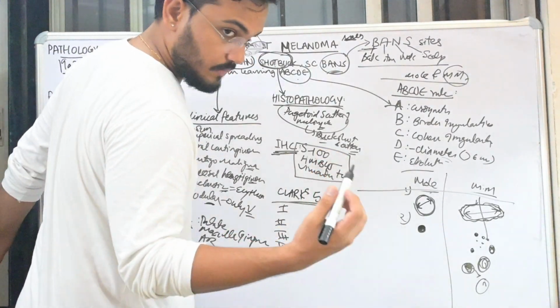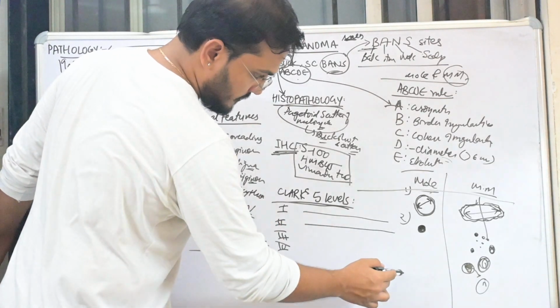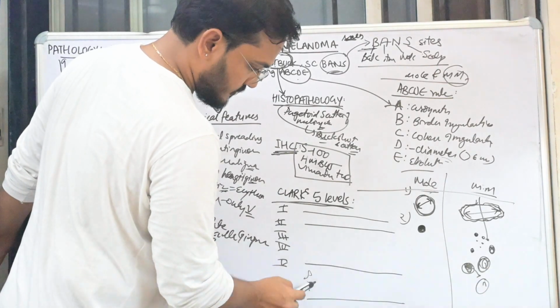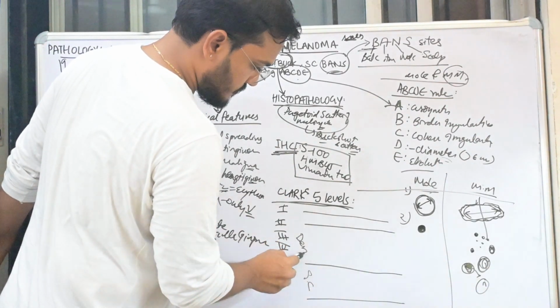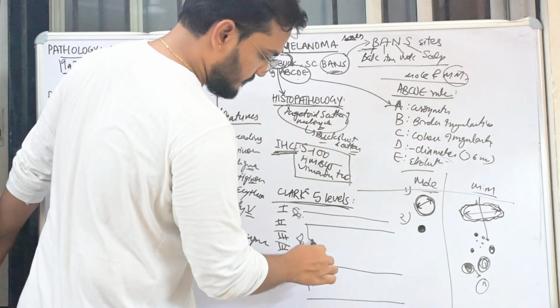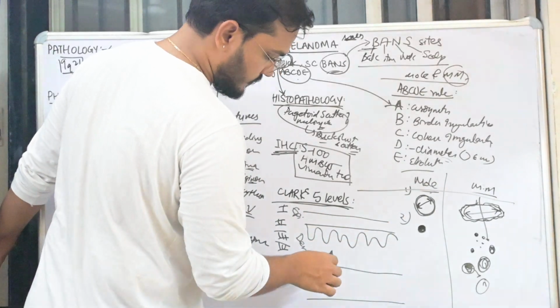So you have to remember this by this diagram. This is the epidermis, okay, this is your dermis, and this is your subcutaneous fat. In the dermis itself we have the papillary layer and the reticular layer.